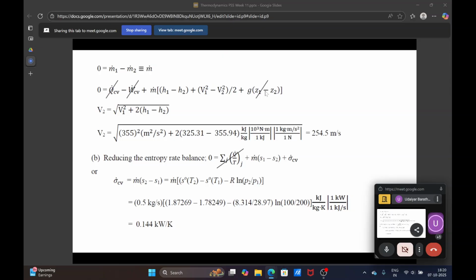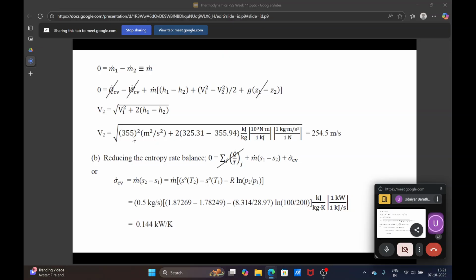We can assume the potential energy to be 0. Since there is an area change and a velocity change, you need to consider the kinetic energy. So you have m dot times (h1 minus h2 plus V1 squared by 2 minus V2 squared by 2) equals 0. A little rearrangement gives V2 as the root of V1 squared plus 2 times (h1 minus h2). So we can get V2 out of this.